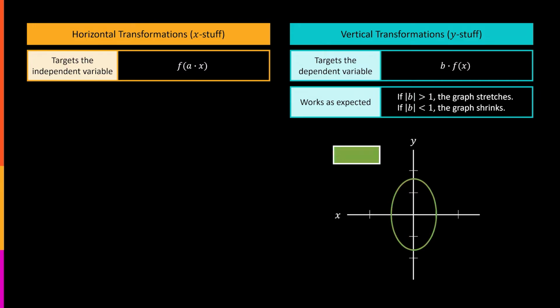So if we multiply by a big thing, if I multiply by B that is bigger than 1, say 2, it gets stretched to be twice as tall. Notice that it doesn't multiply all of the points because this is just the Y stuff. It's only in the Y direction that I'm multiplying. Likewise, if I start at my normal unit circle again, and I multiply by something small, let's say B is 1/2, then I get half the size.